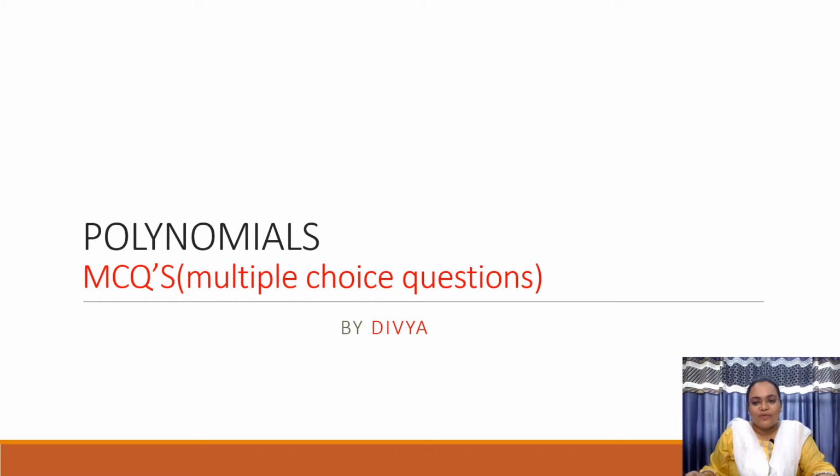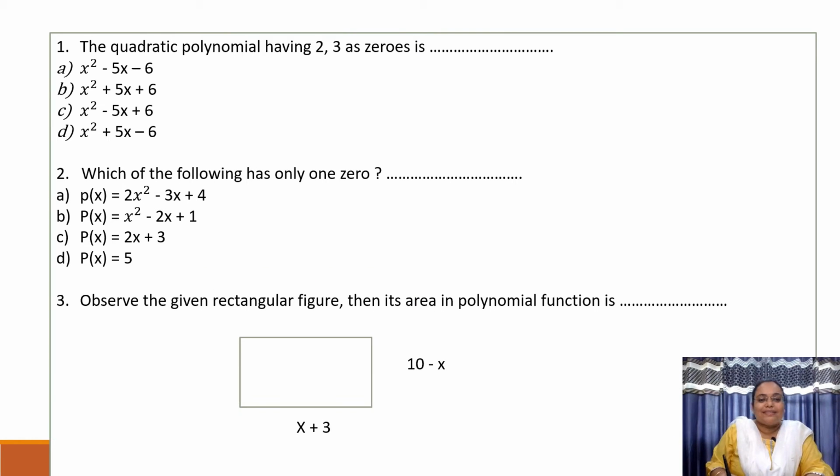In today's video, we will be covering multiple choice questions from the chapter Polynomials. The first one is the quadratic polynomial having 2 and 3 as zeros. If 2 and 3 are zeros, what will be the factors? x minus 2 and x minus 3, multiplied with a constant.